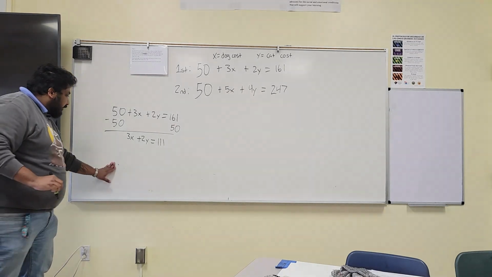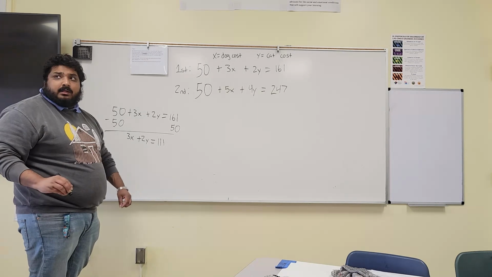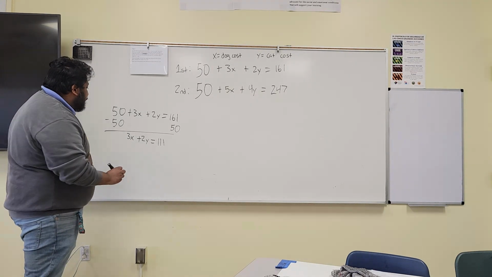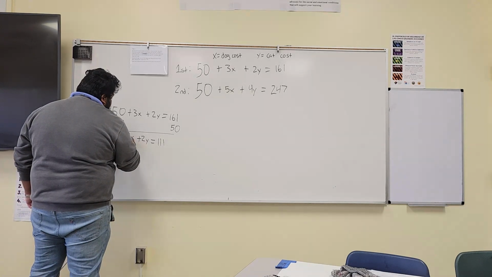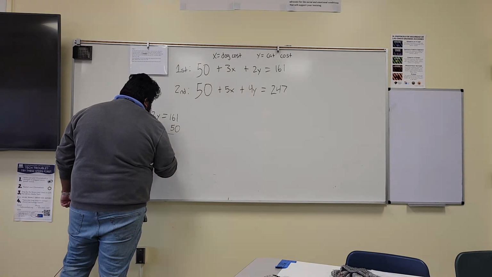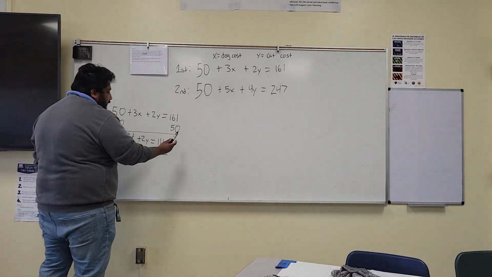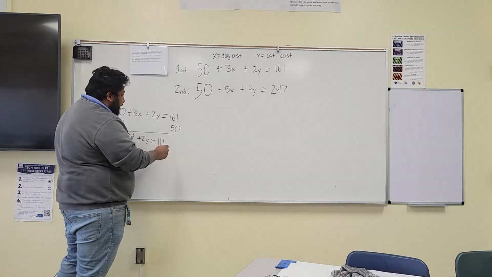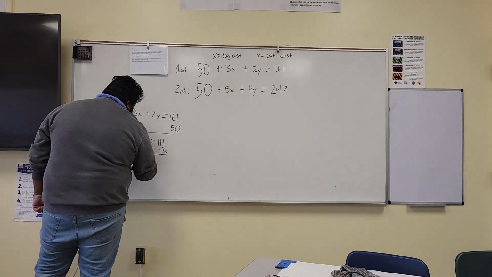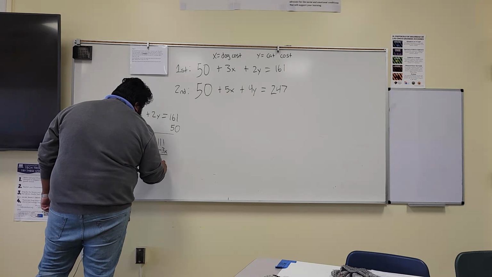Now we have 2 options. We can either solve for y or we can solve for x. So in this case, I want to solve for y. So we're going to subtract 3x from both sides. This is gonna cancel out this 3x here. And then because there's no 3x here, and it's just only 111, we end up leaving it like that. So you'll have 2y is equal to 111 minus 3x.